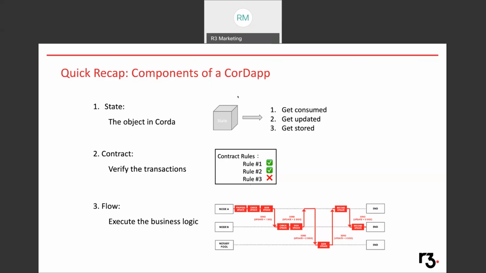In a flow is generally where you would put all your basic business logic, you construct your transaction there, you get information from external sources or oracles if that's something that's part of your implementation. And all the communication, the signatures, the verification, all that heavy lifting happens in the flow.